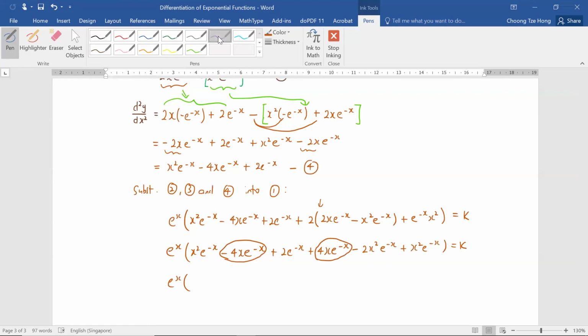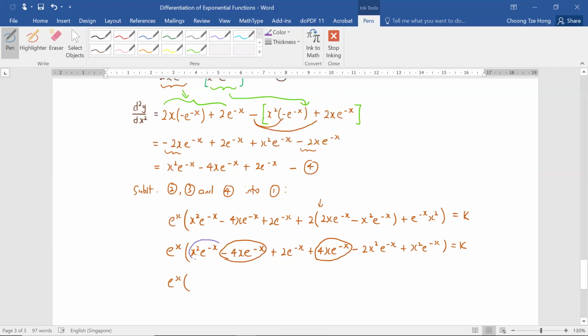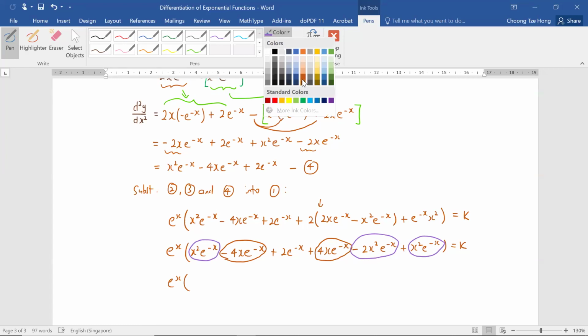All right, let's use a purple. This one, x squared plus x squared, you get 2x squared, then you minus 2x squared. So the x squared term is also going to be off. So the only term remaining will be just this 2 times e to the power of negative x. Right, so let's put that in.